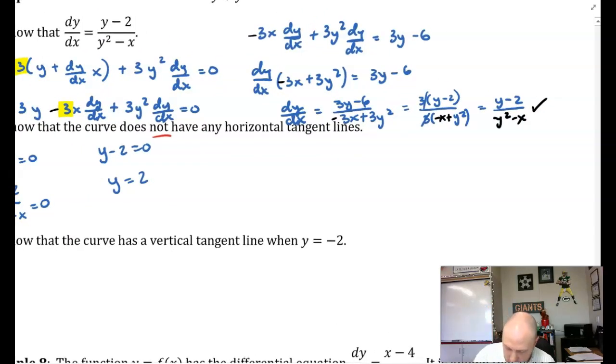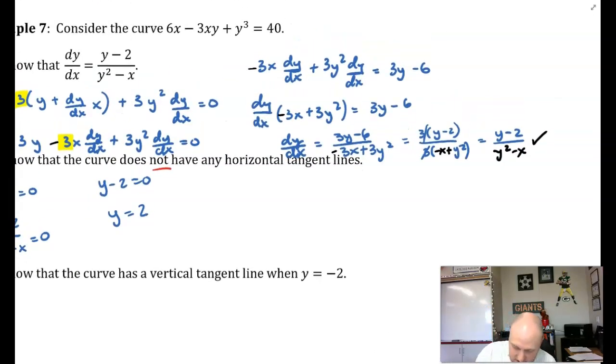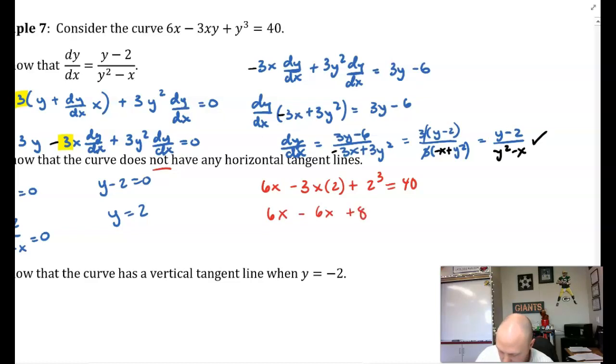However, if I utilize my original function, 6x minus 3x times y, here I'm going to plug in 2, plus 2 cubed is equal to 40. If I simplify this, this gives us 6x minus 6x plus 8 is equal to 40, which gives us 8 is equal to 40. So I took this y equals 2, I plugged it in, and you'll see that the x's cancel and we have a statement 8 is equal to 40.